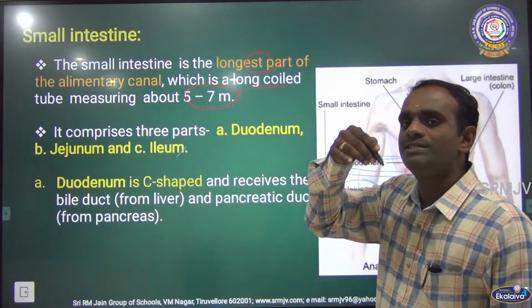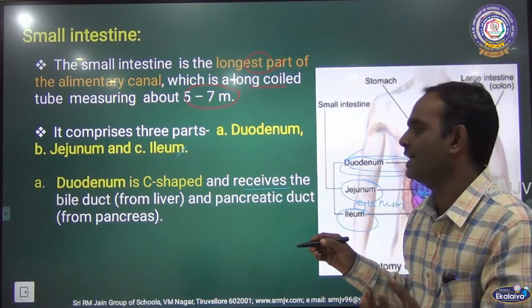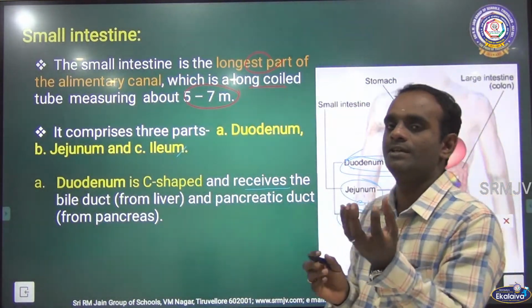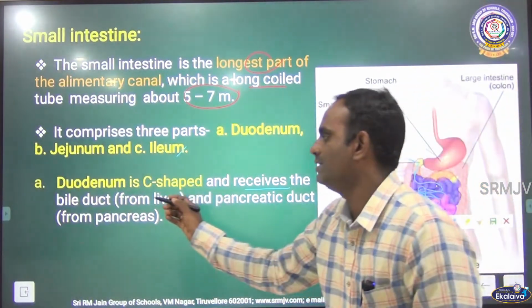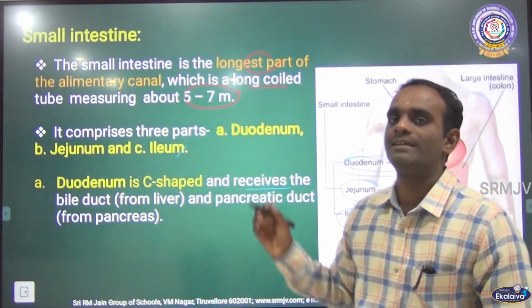Duodenum is a C-shaped part and it receives the bile duct and pancreatic duct. So duodenum is the first part of the small intestine.